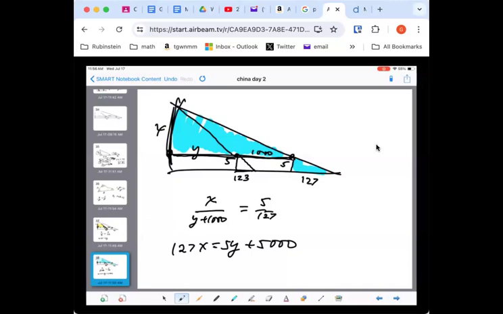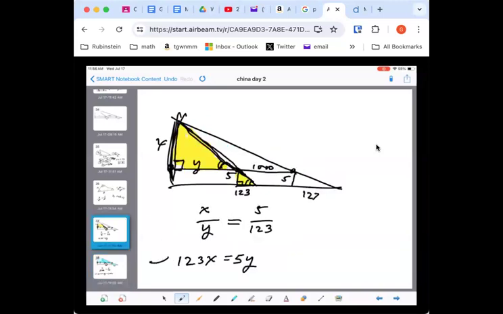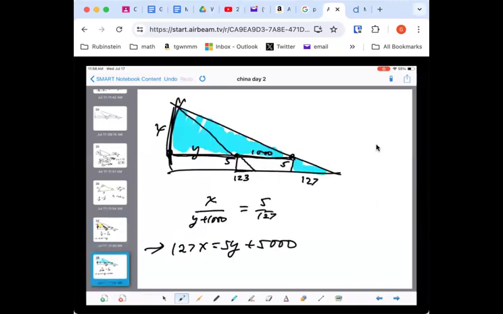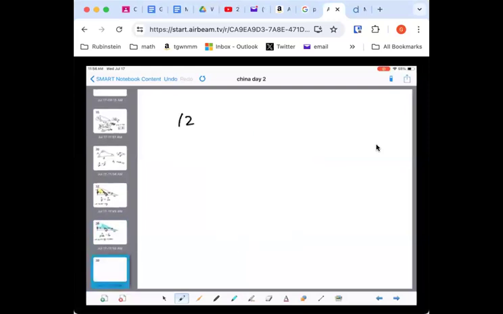Now I only have 2 minutes, but luckily I'm 2 minutes away from being done with this question. If I take these two equations and write them down on the same page, one of them says 127x equals 5y plus 5,000. The other equation says 123x equals 5y.